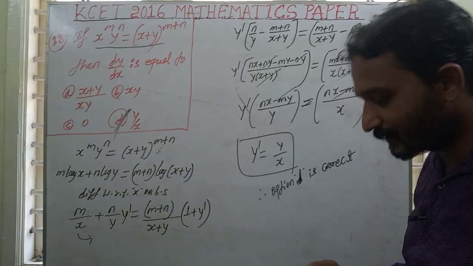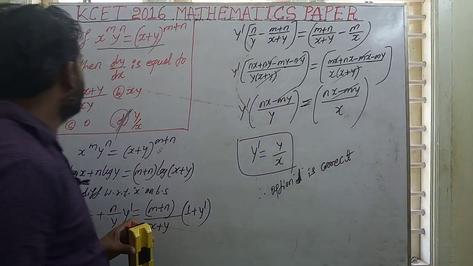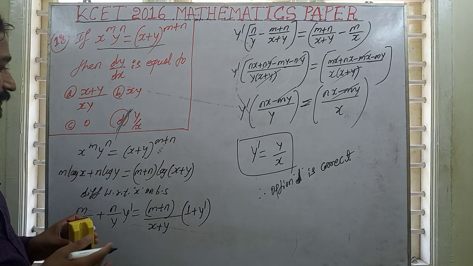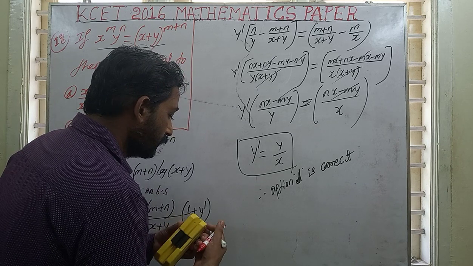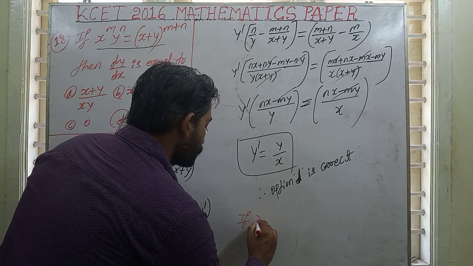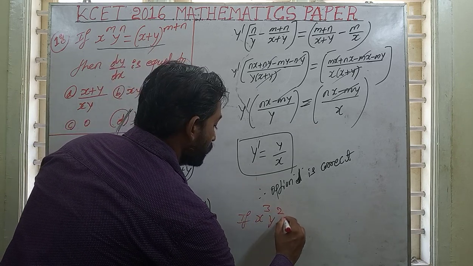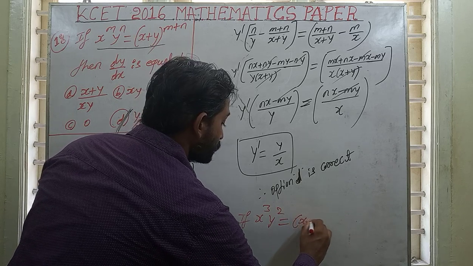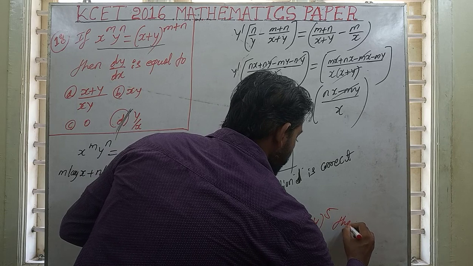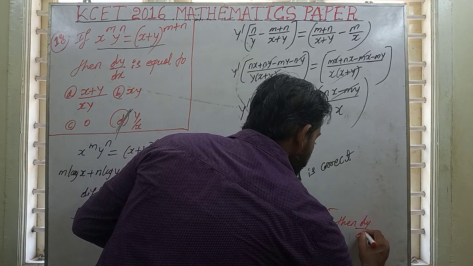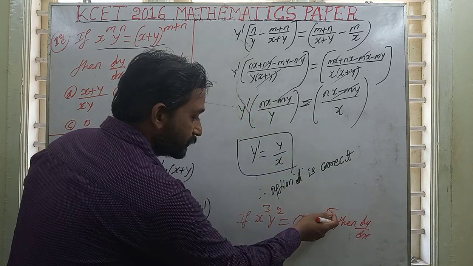So using this result as standard, we have to find the dy by dx in this type of question. For example, if x to the power of 3, y to the power of 2 is equal to x plus y whole to the power of 5, then what is dy by dx? Here 3 plus 2 is equal to 5.